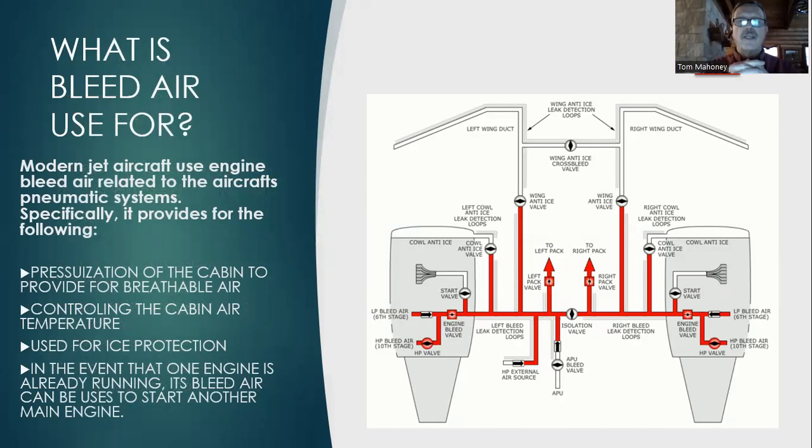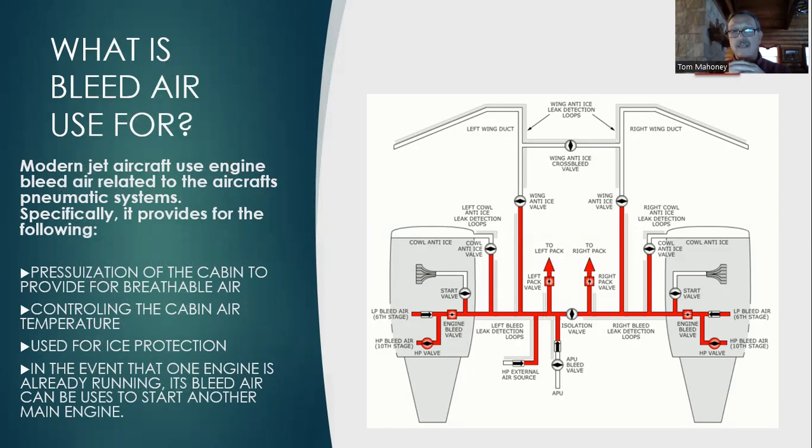Let's take a little closer look at what we mean by the bleed air, what it's used for. Modern jet engines use bleed air related to aircraft pneumatic systems. Specifically, it provides the following: pressurization to provide for breathable air.